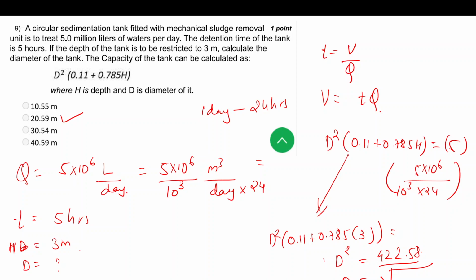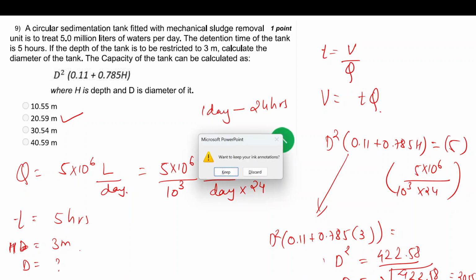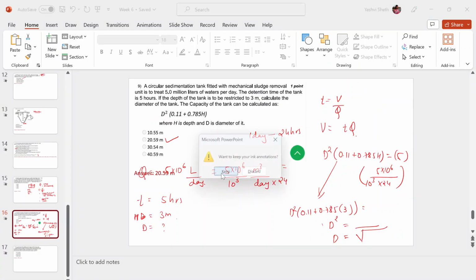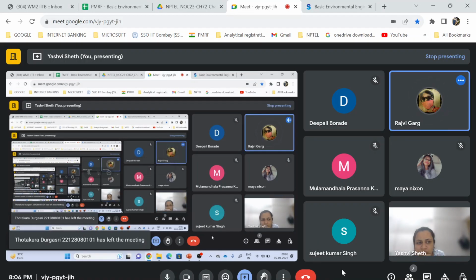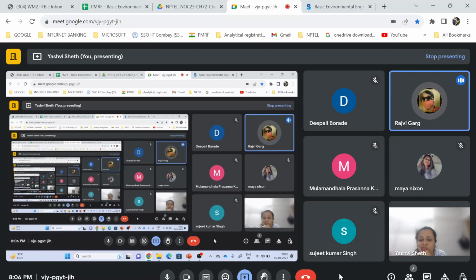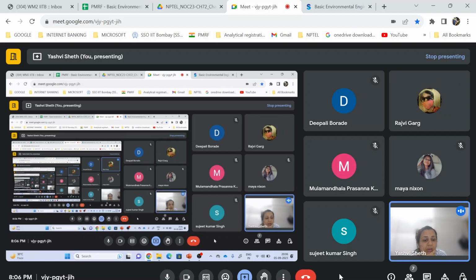Is everyone getting this? If you take the square root of 422.58, it will come to me as 20.55. Can someone please tell me if you are following or not? Calculation error? Okay, you are having a calculation error.